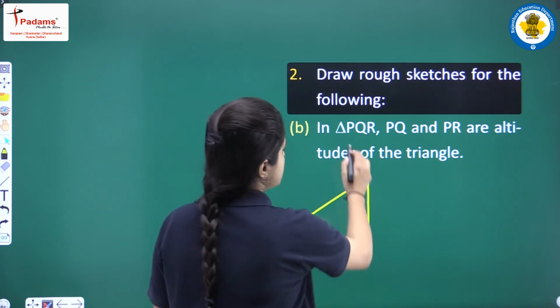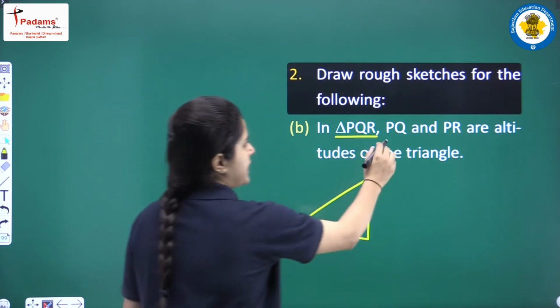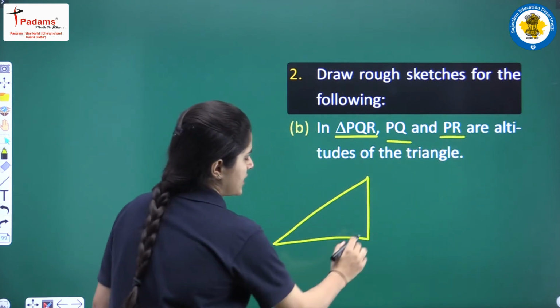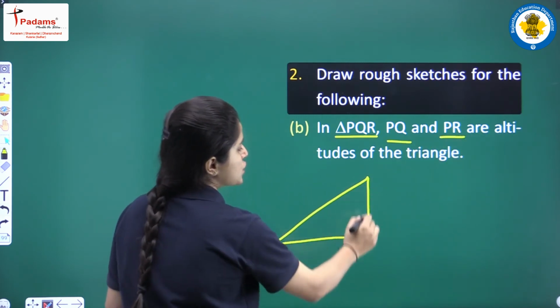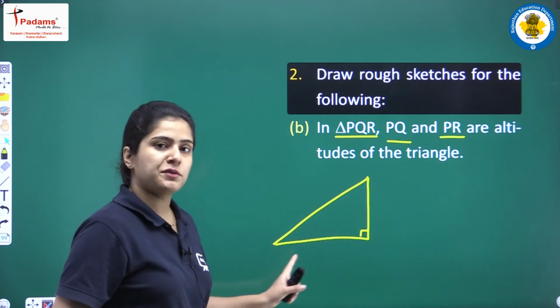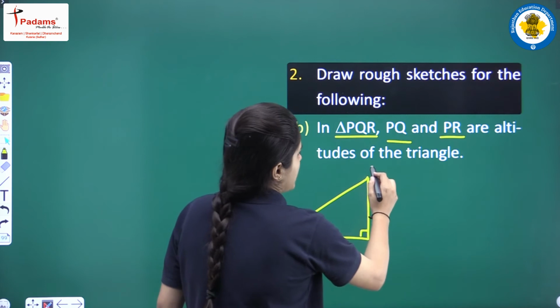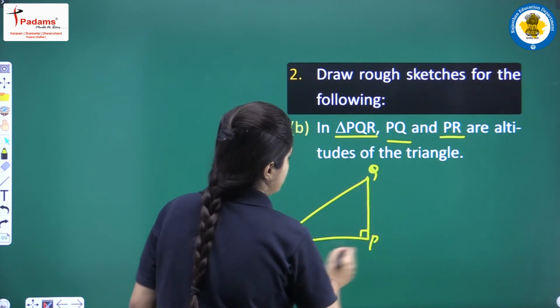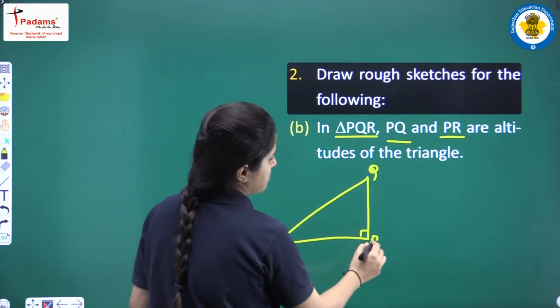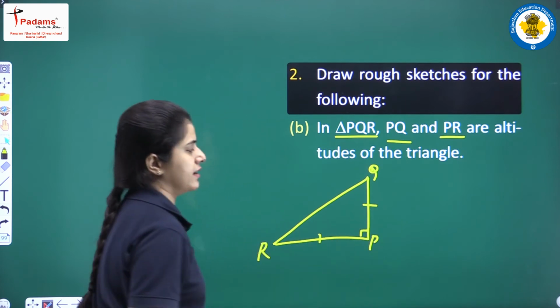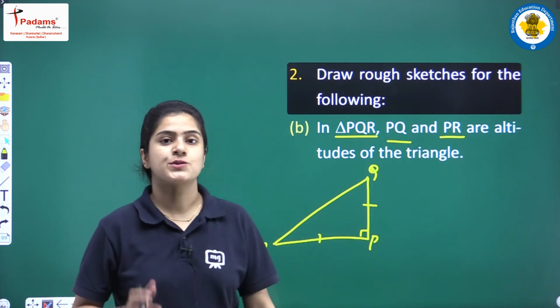For example, in this triangle PQR, PQ and PR are altitudes, right? So this is forming the 90 degree angle. So the two sides connected with the right angle will be these sides, that is PQ and PR. These are the altitudes of the triangle.